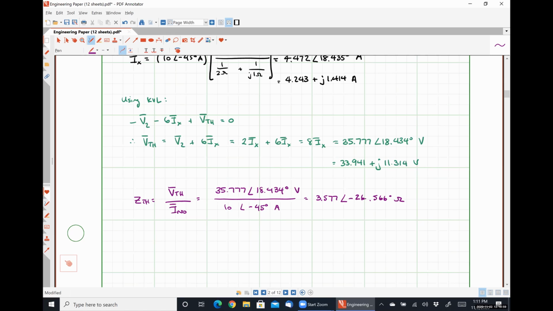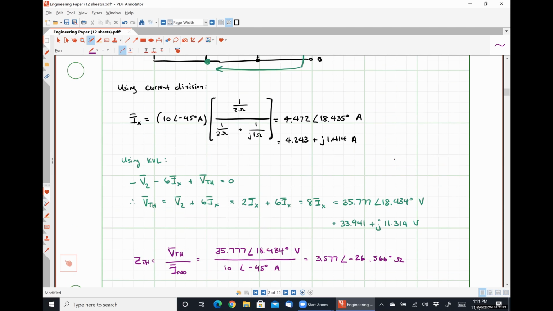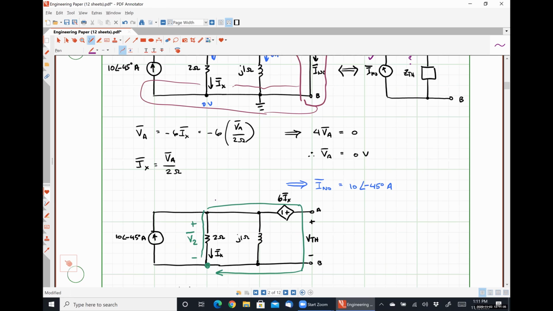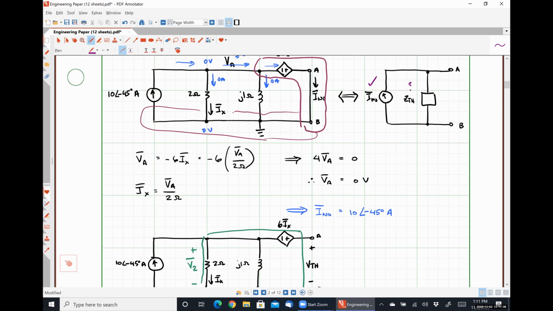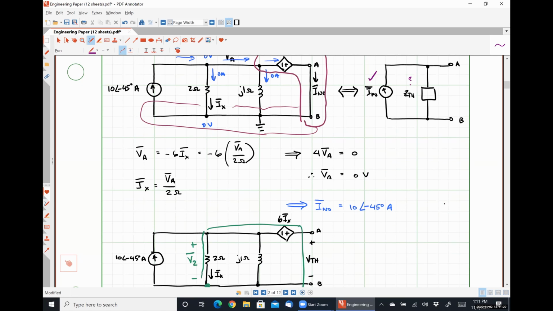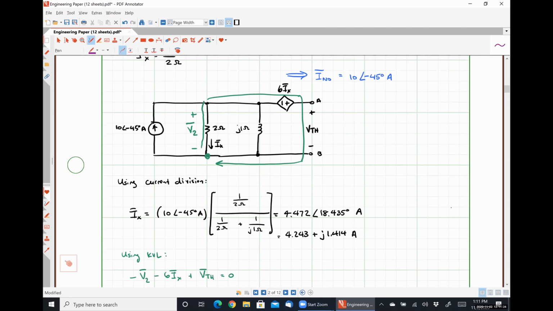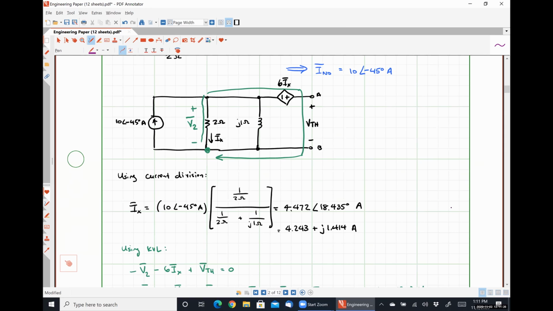And if we wanted to, we could go through and verify that by turning off our current source and applying a test voltage to the open terminals of our network, and measuring the Thevenin resistance directly. But we've got 10 minutes left and I don't want to do that. Before I move along here, does anybody have any questions about any of the circuit analysis we did on this?